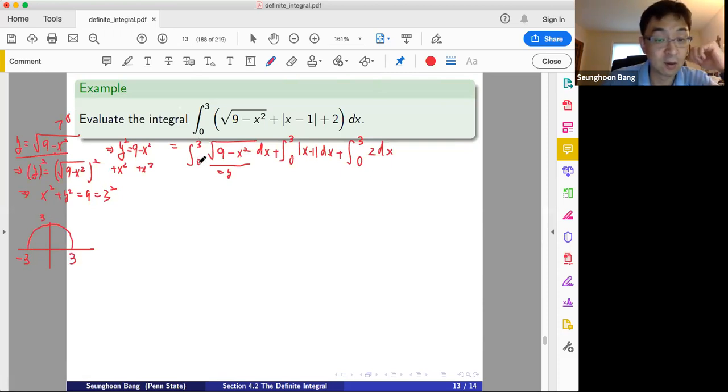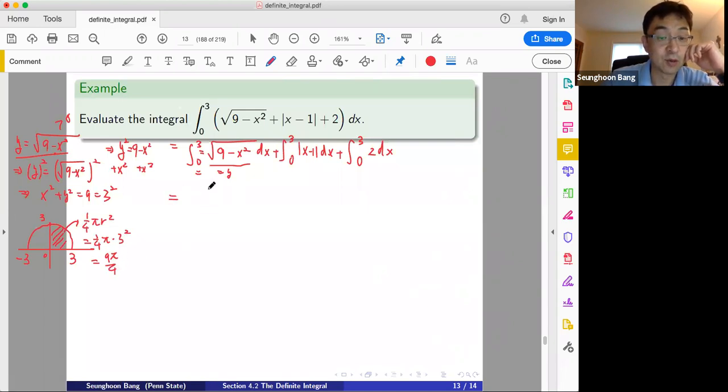The domain is 0 to 3 only here, a quarter. So what is the area? A quarter times pi r squared: 1 over 4 pi times 3 squared. 3 squared is 9. So we have 9 pi over 4.